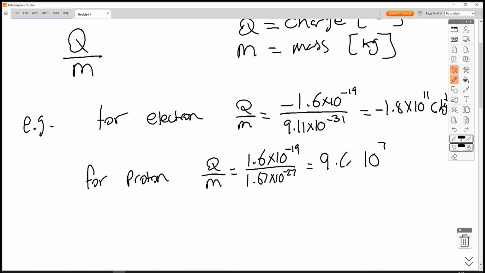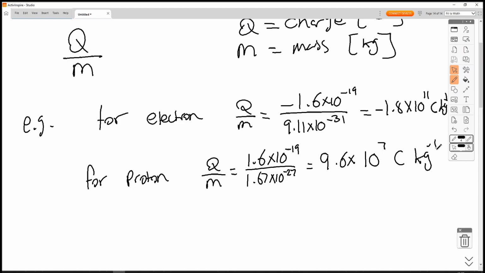Is it 9.6 times 10 to the 7 coulombs per kilogram? So looking at this, the electron has the largest specific charge. The proton, while it has the same charge, because it's more massive, has a smaller specific charge.